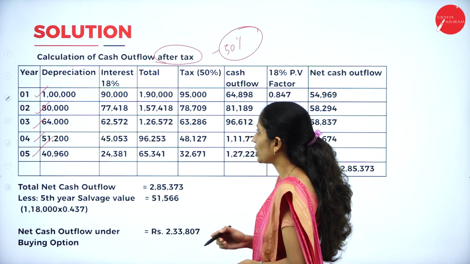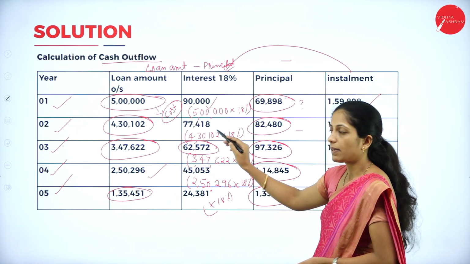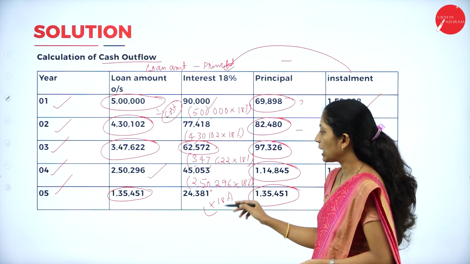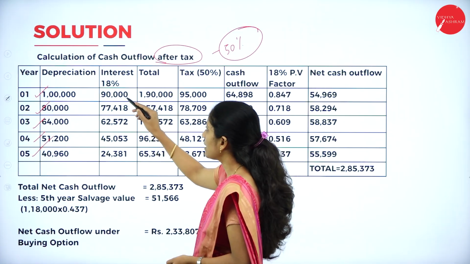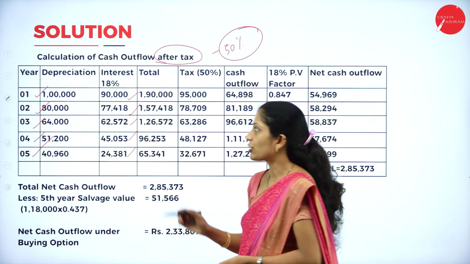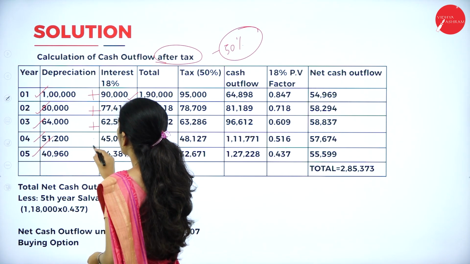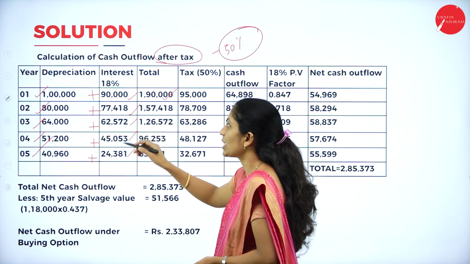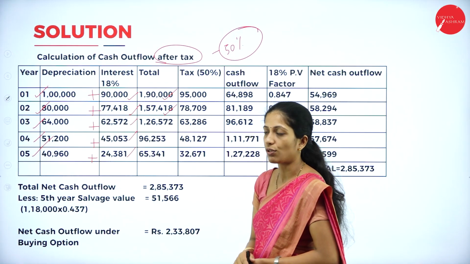Now interest also, we have already calculated: 90,000, 77,418, 62,572, 45,053, next 24,381. So write all that interest amount. Next, total these two, that is depreciation plus interest. 1 lakh plus 90,000 is 1 lakh 90,000. 80,000 plus 77,418 will get 1 lakh 57,418.